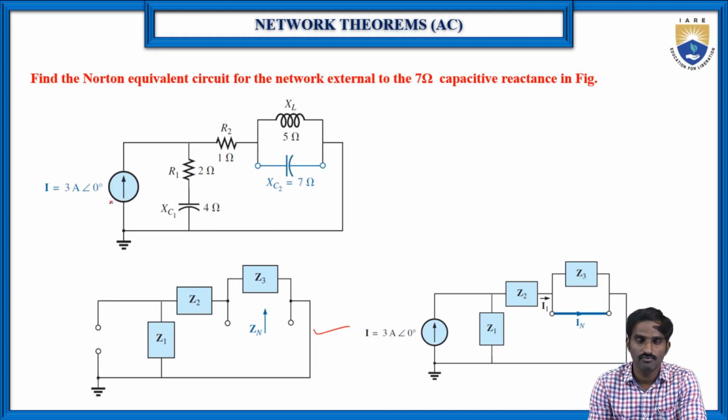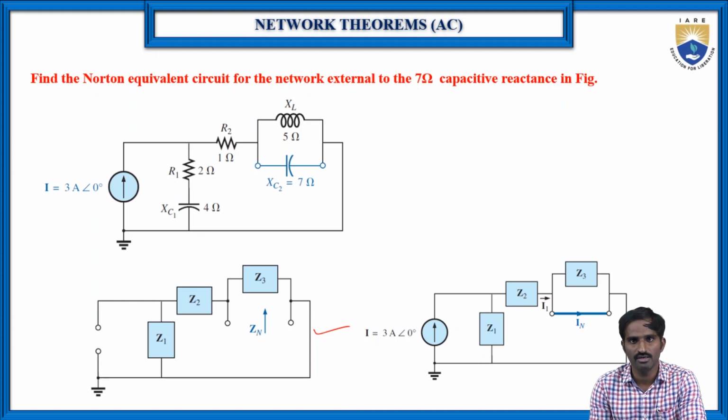First of all, let us draw the circuit to find the Norton's impedance. For that, we should know where we need to find it. As usual, across the load terminals we need to find the Norton's impedance, so we eliminate the load and find it across those load terminals.